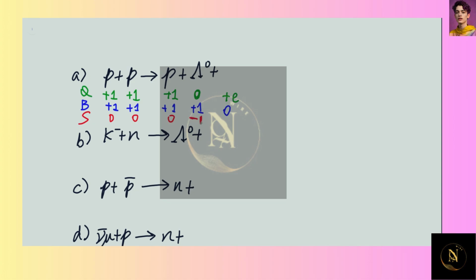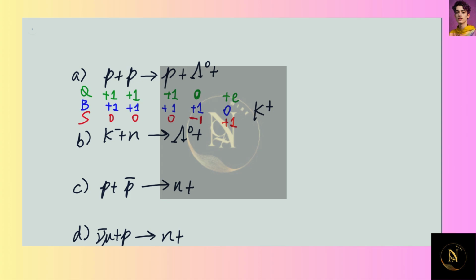So in order for the strangeness to conserve, it must have a strangeness of +1. And then we can go back to the table and check which particle has a charge of +1 and a strangeness of +1, but a baryon number of 0. So we'll find that the only particle that satisfies this condition is kappa plus.